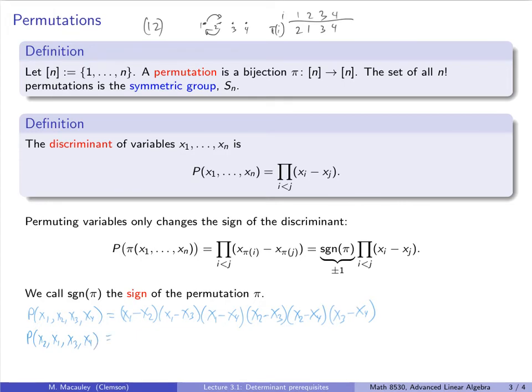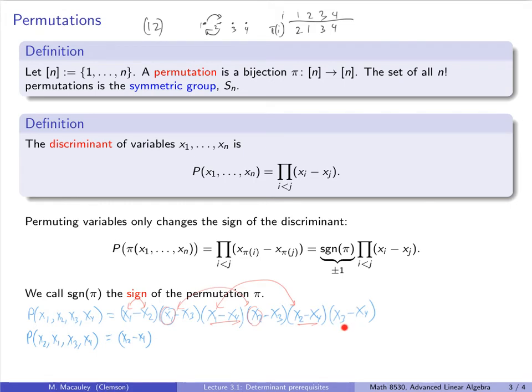So here, one way to think about this is we are swapping x1 and x2. So these things swap, and we get x2 minus x1, which is the negative of this. And then what else swaps? So this x1 and this x2 are going to swap. So notice these come in pairs, x1 minus x3 and x2 minus x3. Swapping x1 and x2 has a net effect of nothing. Similarly, this x1 minus x4 and x2 minus x4, swapping x1 and x2 is going to swap those 2 terms, but the net effect is nothing.